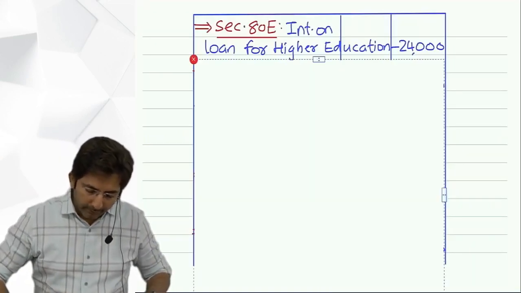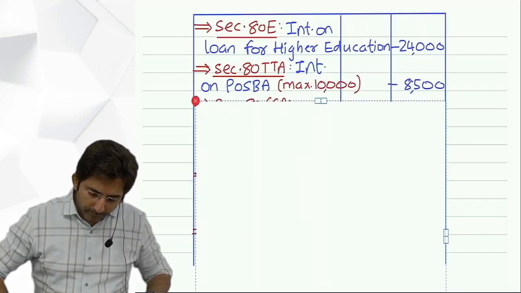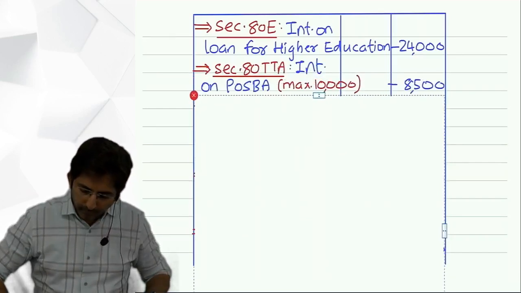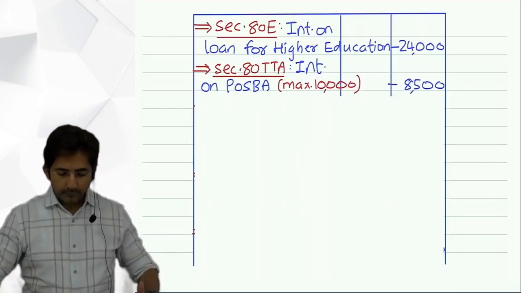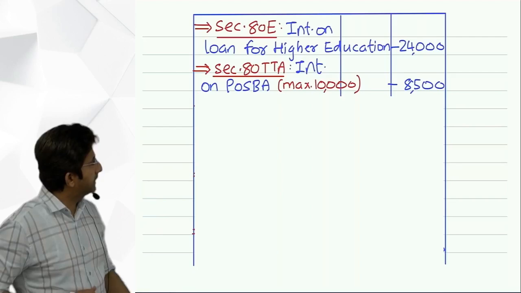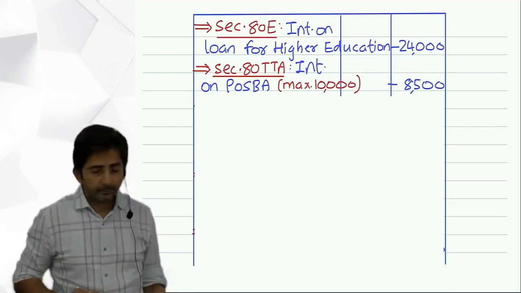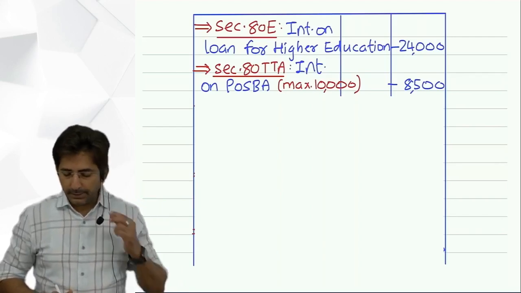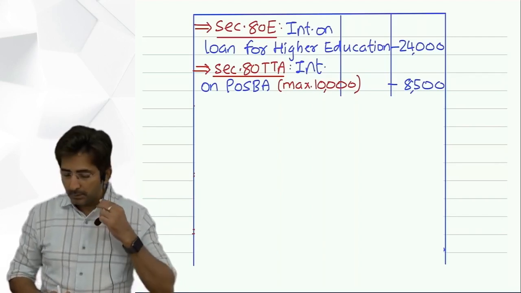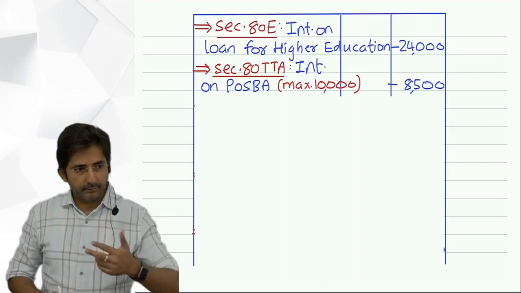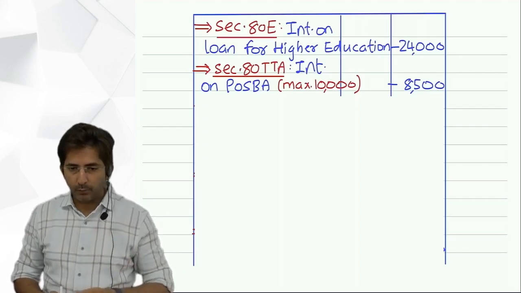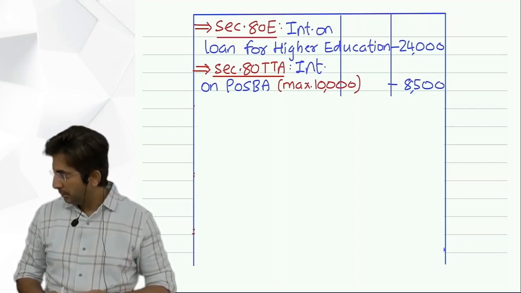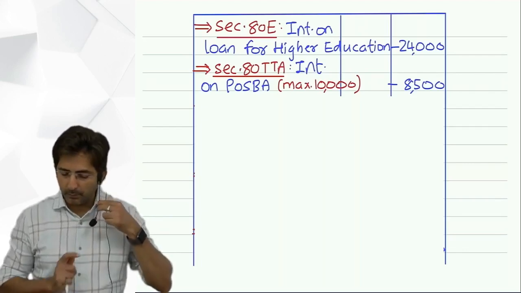So how will you write? First write with red pen section 80TTA. Section 80TTA. And then you can write the nature of that item. What was that item? Interest on post office savings bank account.